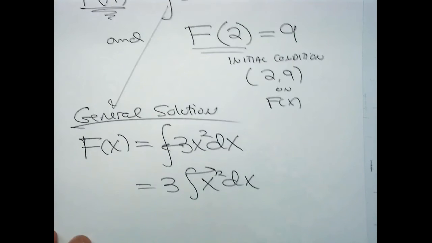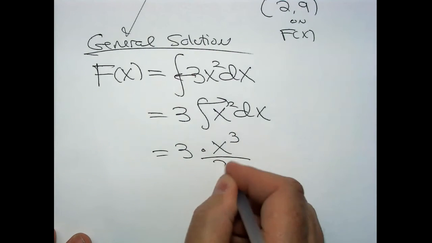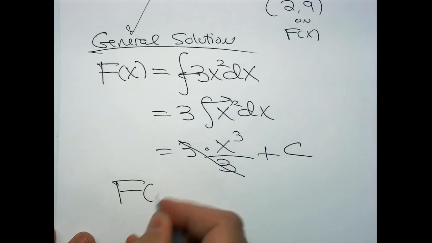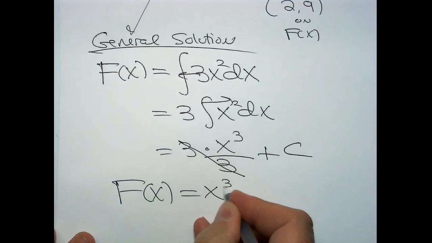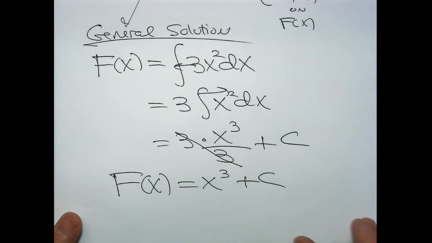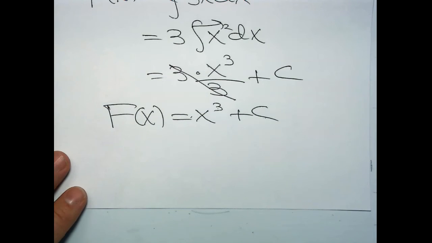The antiderivative symbol looks at that squared, and what it does is it adds 1 to the exponent, divide by the new exponent, plus a c. So capital F of x is x cubed plus a constant. Just don't know what that constant is yet. Is it true? Well, the derivative would be 3 comes down, x squared plus 0. 3x squared is the derivative. So yes, that is true. That is the correct antiderivative.